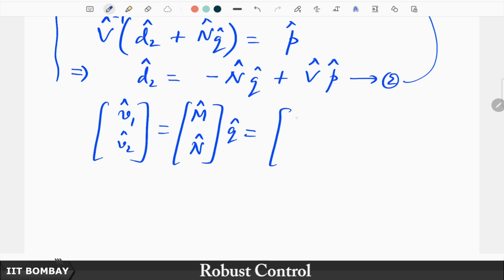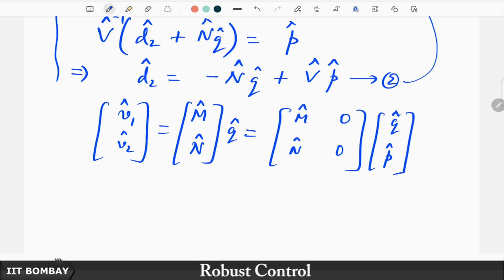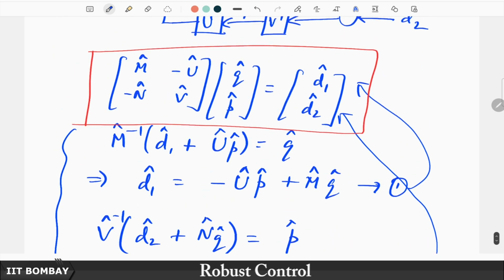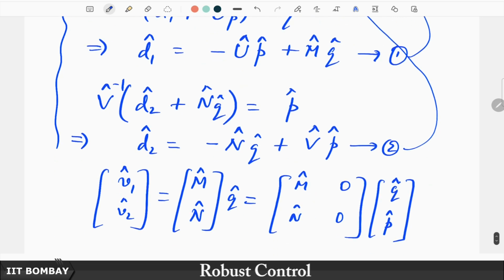Notice that I can write this as [M hat, N hat, 0, 0] and I can pad this with, let us say, Q hat and P hat. I am just padding it with this, so that I am keeping the coefficient 0 so that no contribution of P hat comes. But now from this relation what do we get?